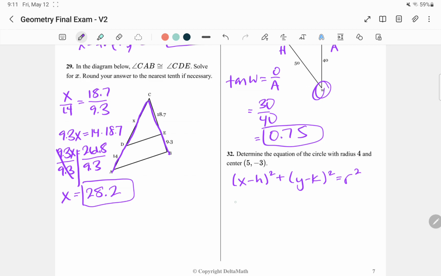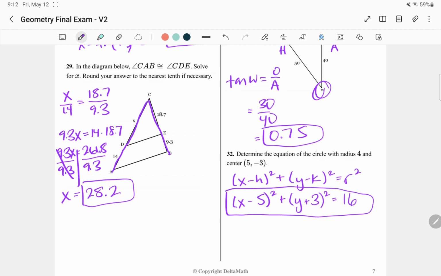So 5 goes in place of h, and for k, our y is -3, so minus -3 is just +3. Radius of 4, so we put in 4 for r. 4 squared is 16. And that's our equation.